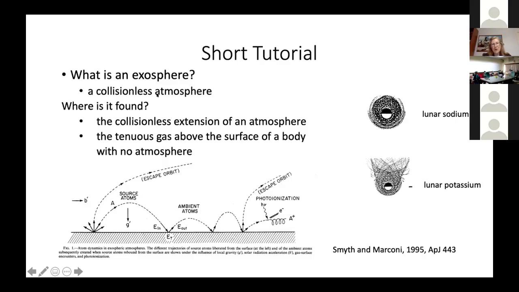For an exosphere whose bound is an atmosphere, you have orbiting atoms, but for the Moon and Mercury, the orbitals are not allowed. The little simulations on the right show the lunar sodium and the lunar potassium, and the reason they're different is because of the difference in radiation pressure.